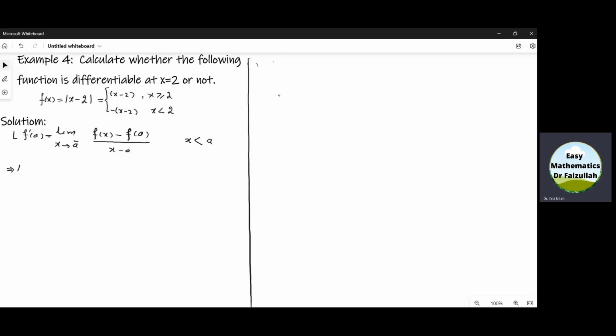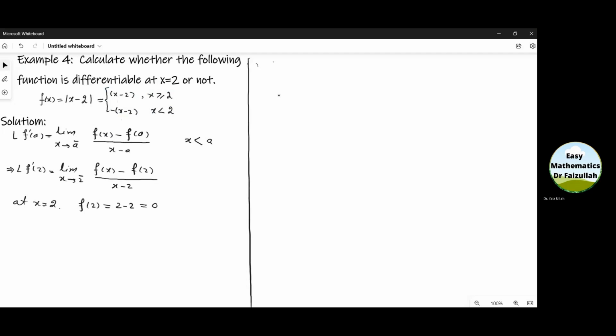And from this we get L f dash of 2 is equal to the limit as x approaches 2 minus of f of x minus f of 2 divided by x minus 2. Now at x equal to 2, the value of f of x is given by 2 minus 2, which is equal to 0.